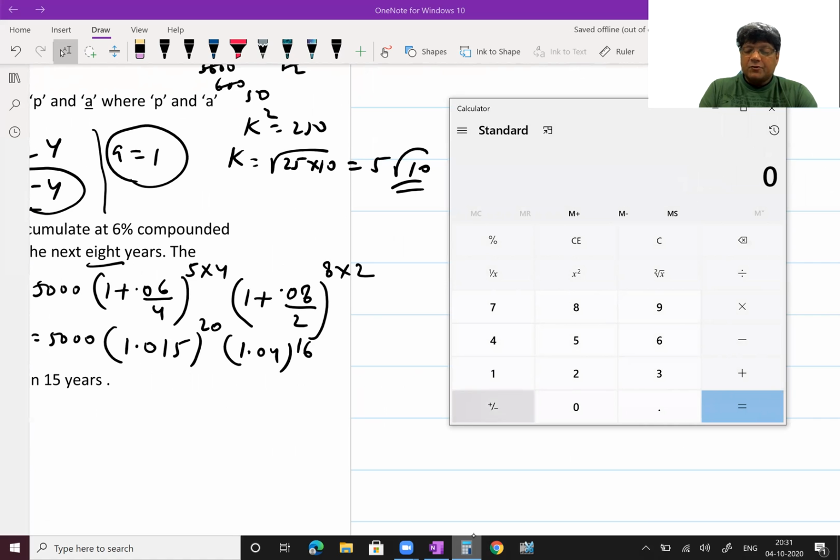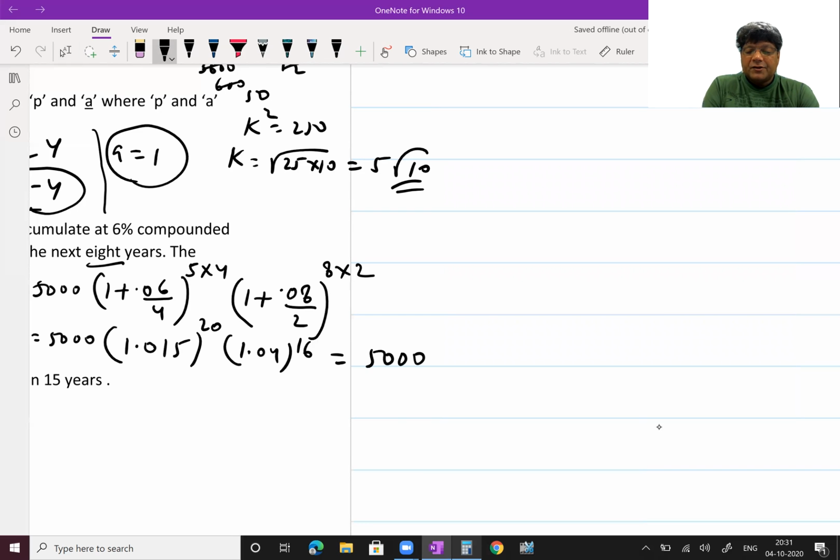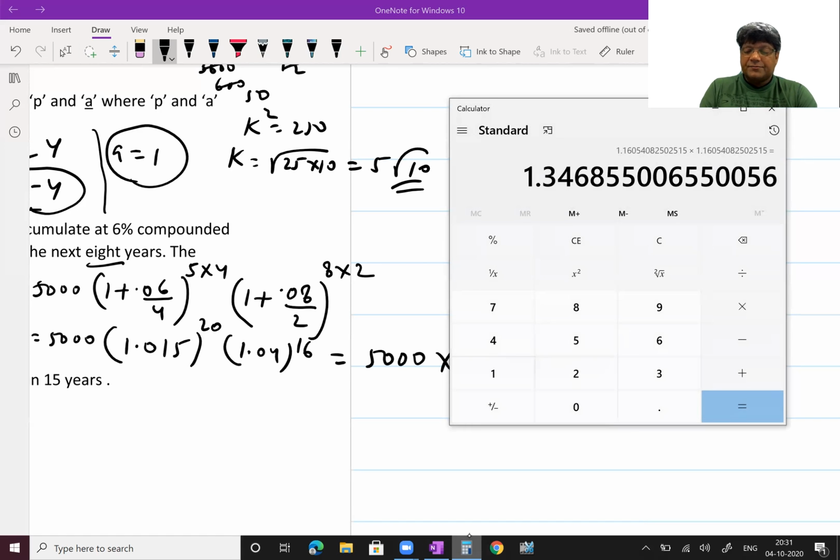So 1.015 power 20. What will we do? Into equal to, that means 2, 3, 4, 5. Now into equal to became 10. Into equal to became 20. That is 1.34685. Next, 1.04 power 16.